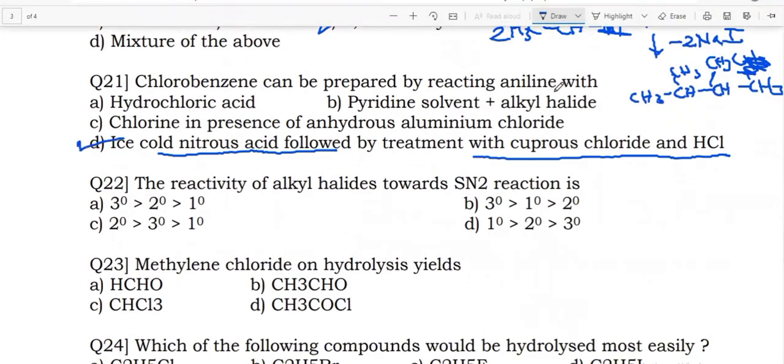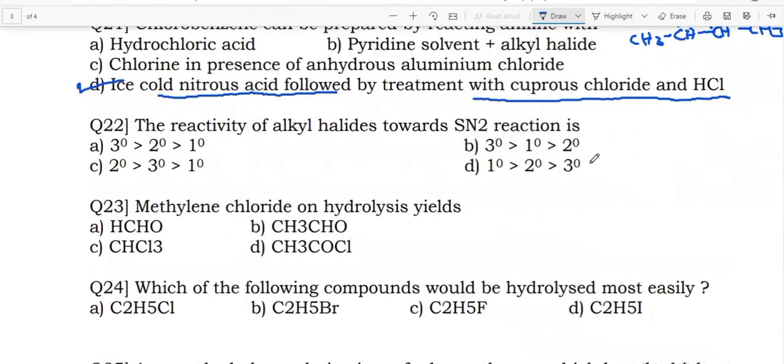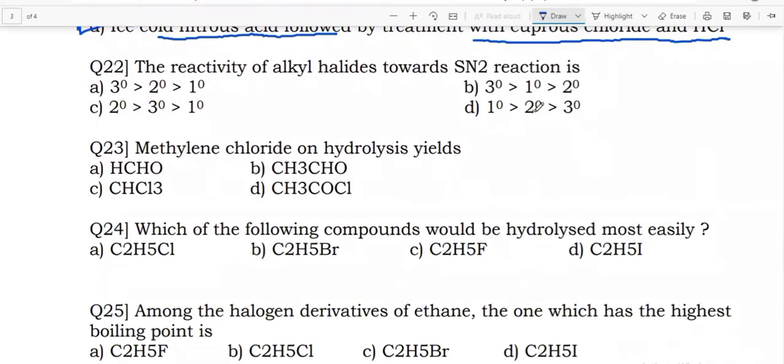The reactivity of alkyl halides toward SN2 reaction: the SN2 mechanism is preferred by primary alkyl halides. So for SN2 we choose primary. Primary usually follows SN2 mechanism, then secondary and then tertiary. So we choose option D.